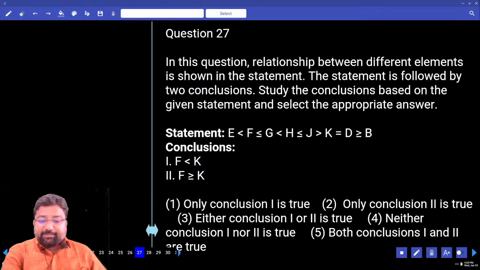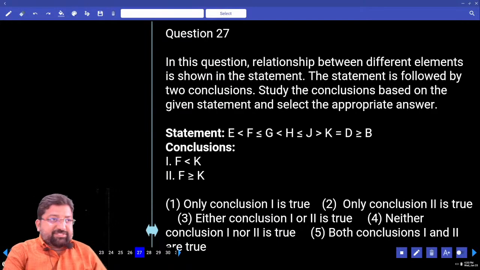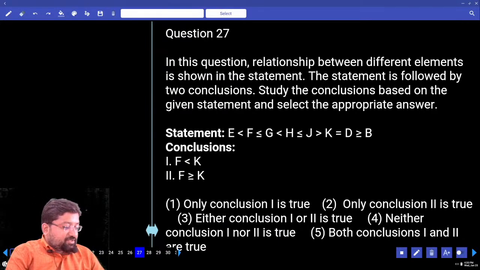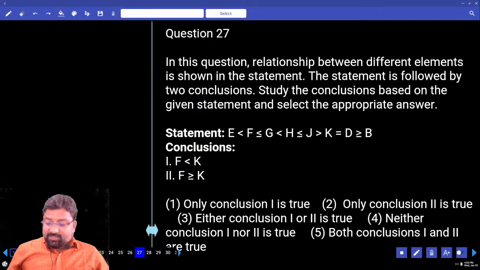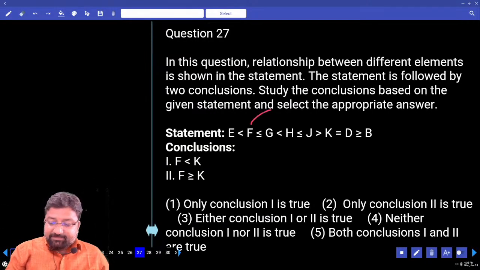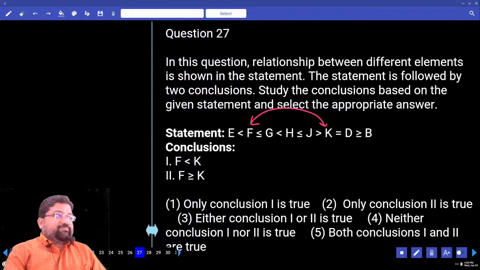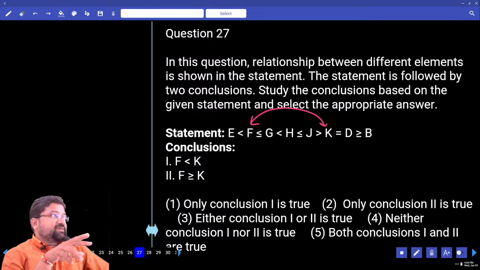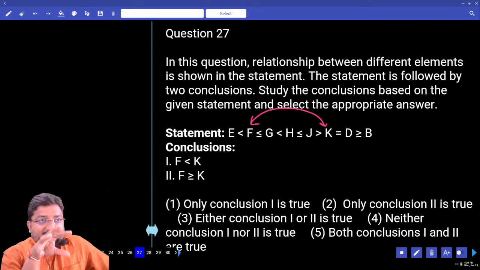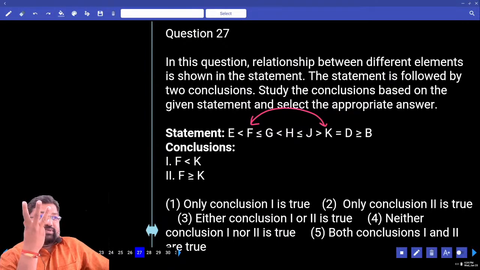F less than K. Now this is an extraordinary question. What is the answer? Listen, what are the symbols between F and K? Opposite. When there are opposite symbols between 2 letters, the answer is cannot be determined. Why? We get 3 possibilities.